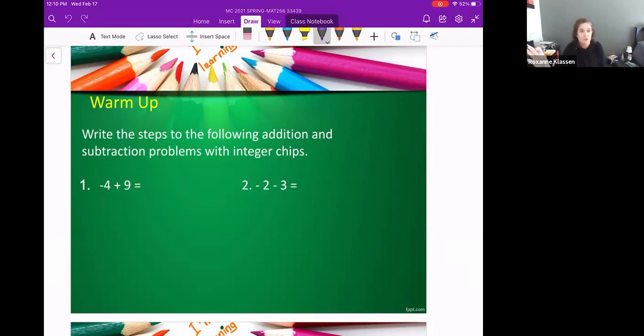And then you would have a picture with the 2 negative chips and the 3 sets of 0 pairs. Then your next step would be, now I can take away 3 positive chips. And you would show a picture taking those away. And then step 4 would be count the remaining chips, right? And you would have a picture of 5 negative chips.